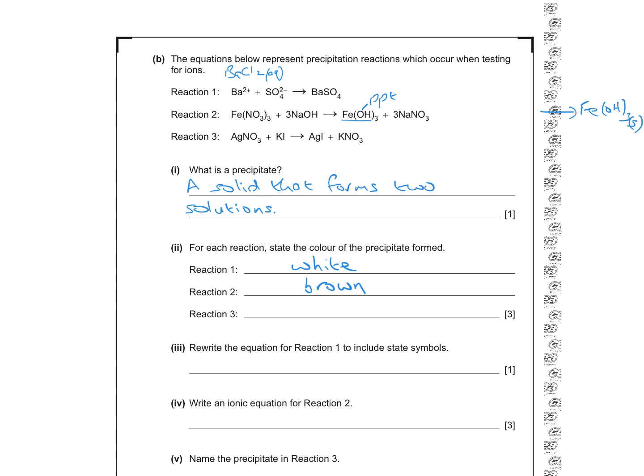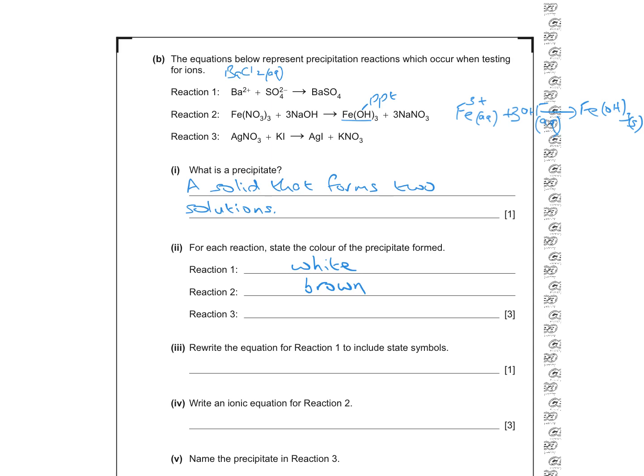Well, it comes from iron 3, which is dissolved in the solution, so it's aqueous, and it also contains hydroxide ions. And there are 3 of them. This equation has to balance. Now, the hydroxide ions are also in solution, so I have to put aqueous in front of that. So that's the ionic equation for reaction 2.